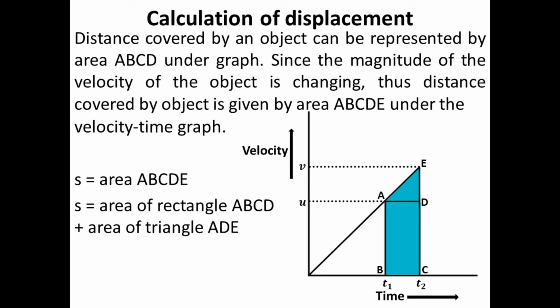Now, area of rectangle ABCD is equal to the product of sides of ABCD, that is product of AB and BC, and area of triangle ADE is half into base, that is AD, into height, that is DE. This is the distance covered by an object which is moving with uniformly changing velocity.